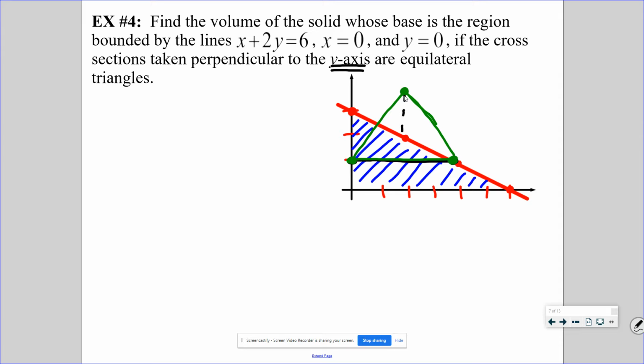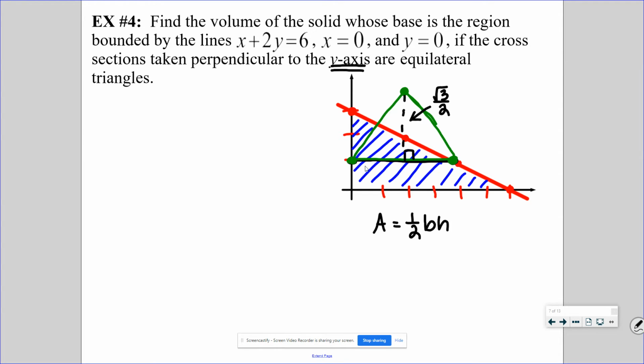In an equilateral triangle, the area formula for a triangle, let's start with that, is 1/2 base times height. In an equilateral triangle, the height is equal to radical 3/2 times the base measurement.